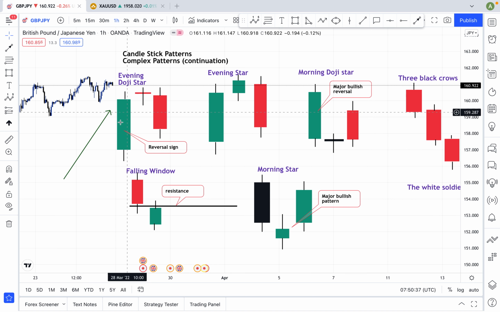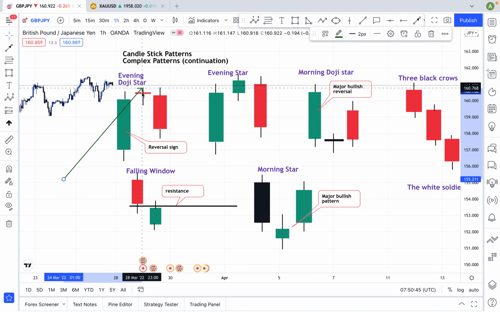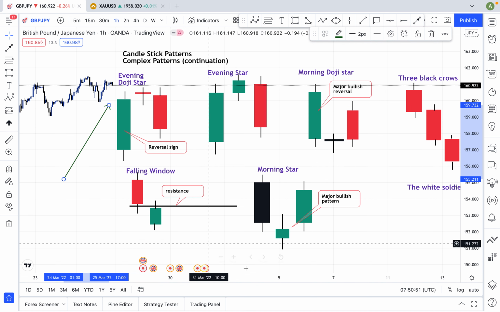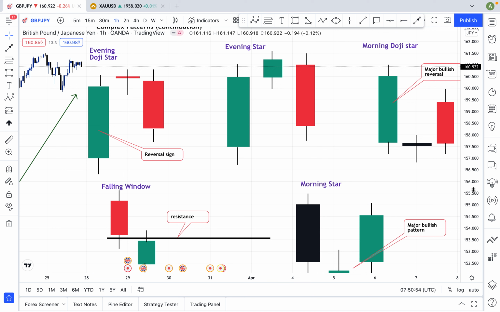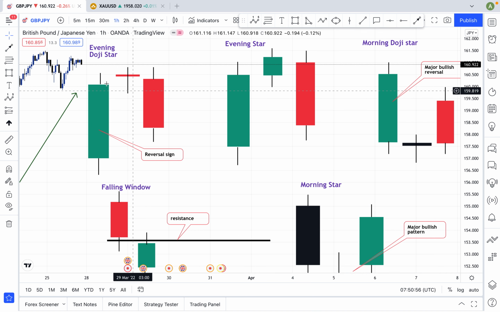So the evening doji star is a candlestick pattern whereby the market is coming from an uptrend and then makes a reversal here, because this is a doji showing equal movement between the buyers and the sellers in the market, and then the market goes down into a downtrend.